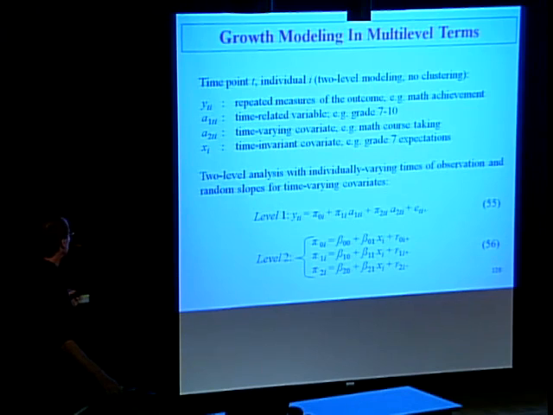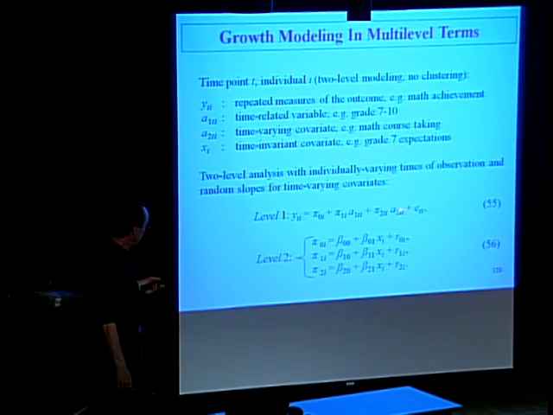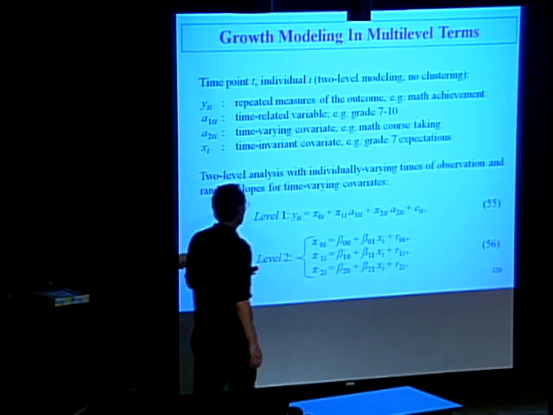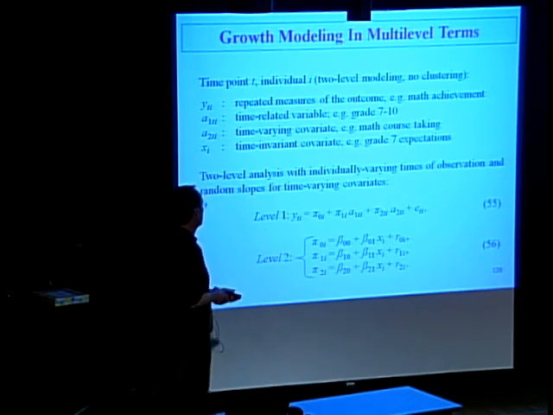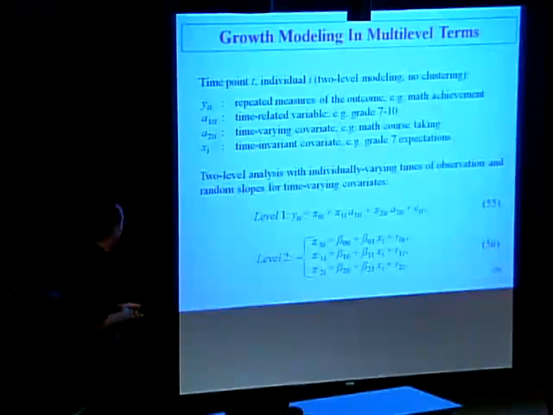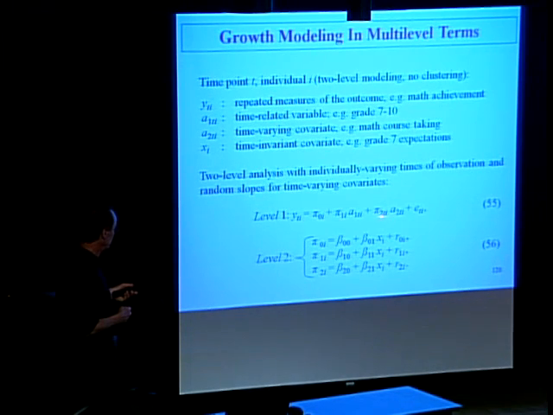And we're going to introduce a time-varying covariate, A2, for instance, math course taking, and it sits out here in equation 55, the pi 2 times A2 term, where pi 2 also has subscript I, so varying across individuals, plus it has subscript T, varying across time as well.